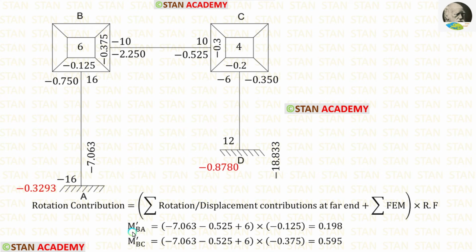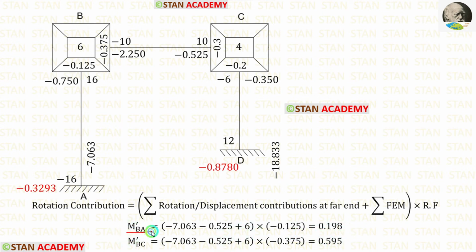Now let us find M dash BA. At point A, we have the displacement contribution. Also at point C, we have the rotation contribution. The summation of the fixed end moments is 6. The rotation factor for BA is minus 0.125. After the calculation, we are getting M dash BA.